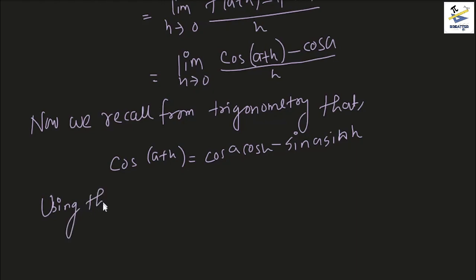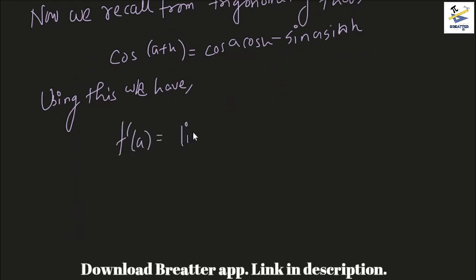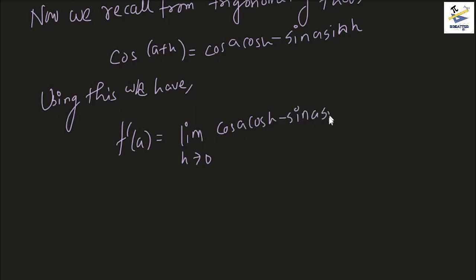Using this, we have f dash a equals limit h tends to 0 of cos of a cos of h minus sin of a sin of h minus cos of a, divided by h.